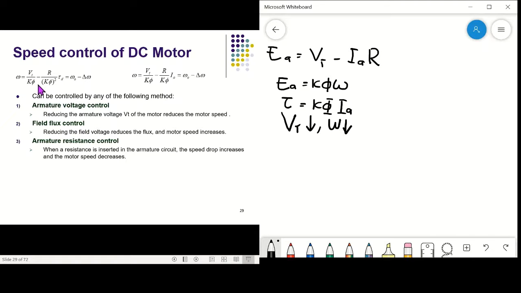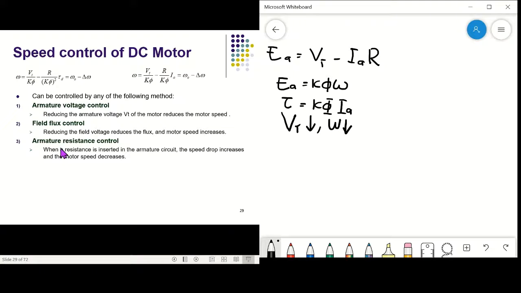By controlling the terminal of the field. So bila you reduce the terminal voltage pada field, bukan pada armature, kita akan reduce the flux, tapi speed kita akan increase.